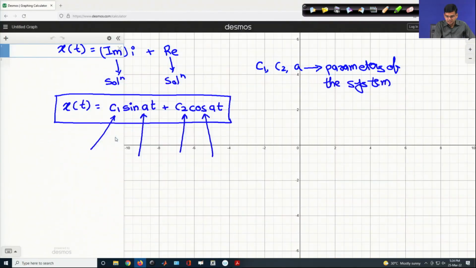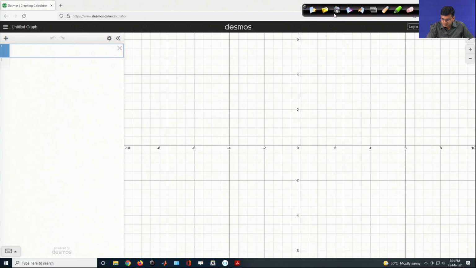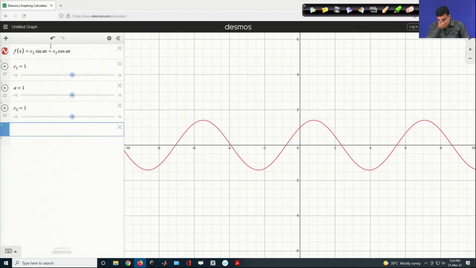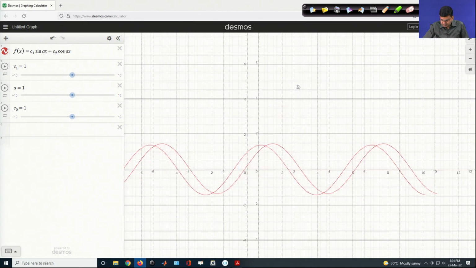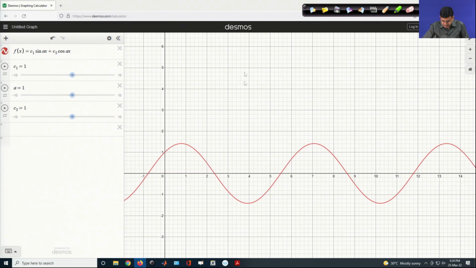So, let me punch in the values here. F of x is equal to C 1 sin A x plus C 2 cos A x. I see this behavior, but let me do a further diagnosis.